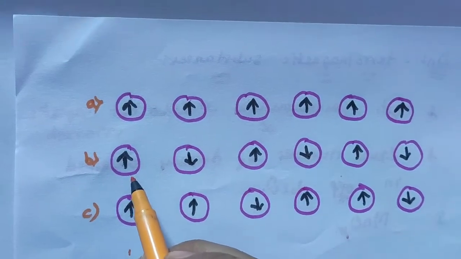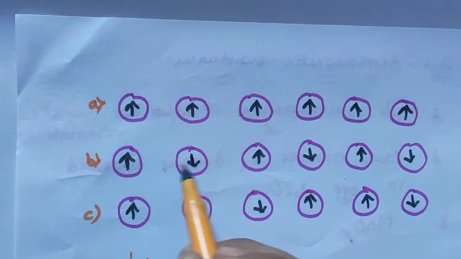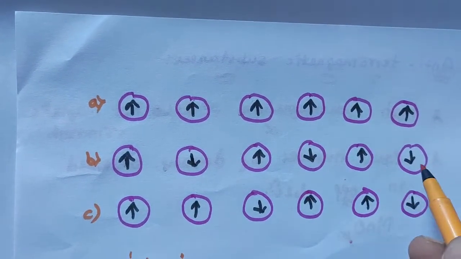The second one, antiferromagnetic, contains an equal number of opposite domains.